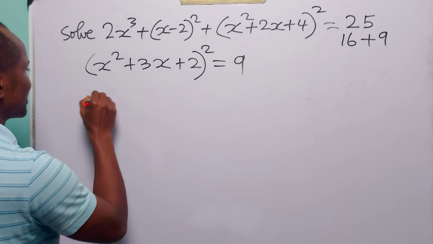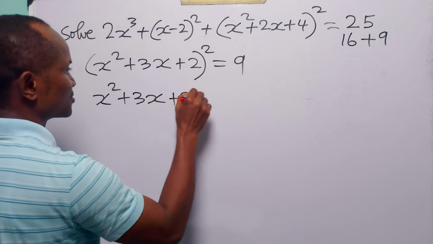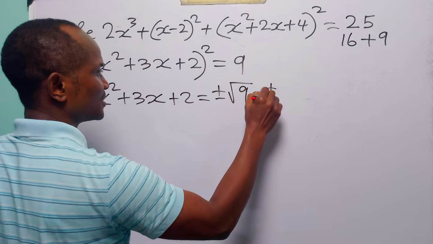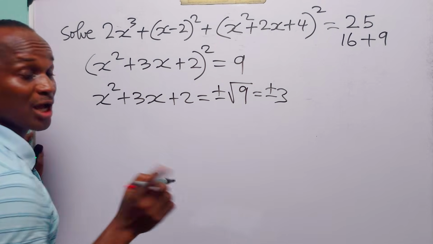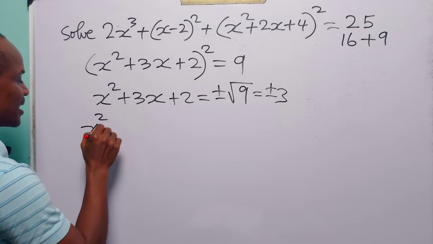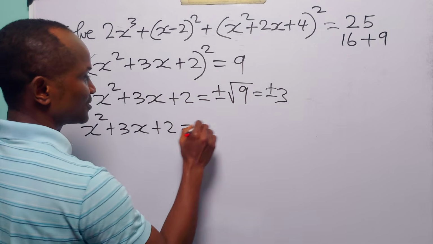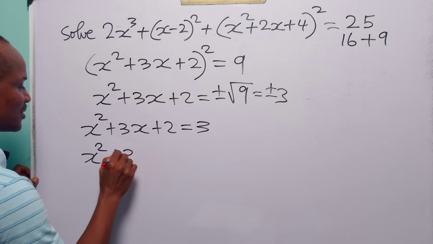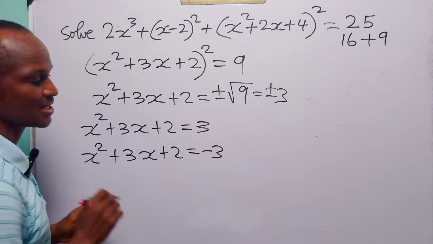When we do that, we have that x squared plus 3x plus 2 is equal to plus or minus the square root of 9, which is equal to plus or minus 3. So from here, we have two quadratic equations. We have x squared plus 3x plus 2 is equal to 3, and x squared plus 3x plus 2 is equal to minus 3.